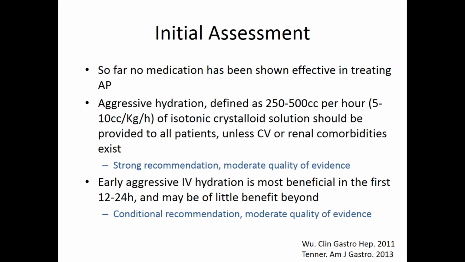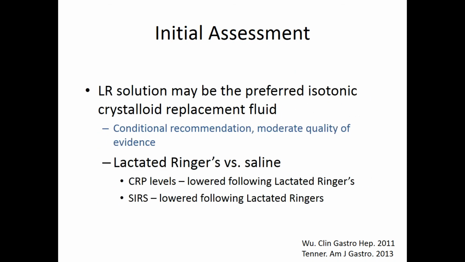It's very important to be aggressive very early on, and patients have the most benefit in the first 12 to 24 hours, and probably little benefit and potentially even significant harm if hydration continues beyond this first 12 to 24 hours. What solution should be used?